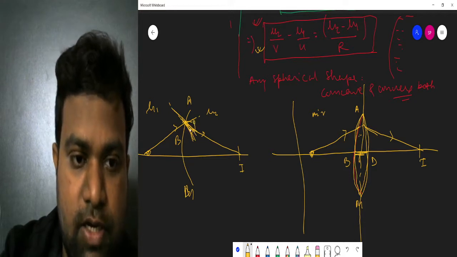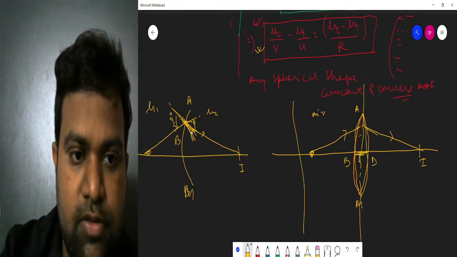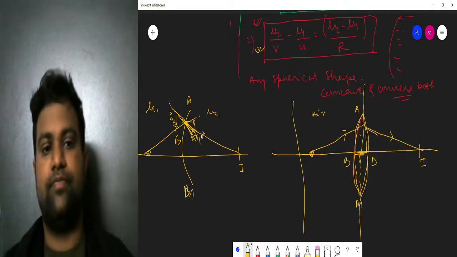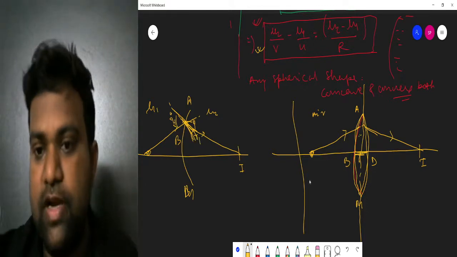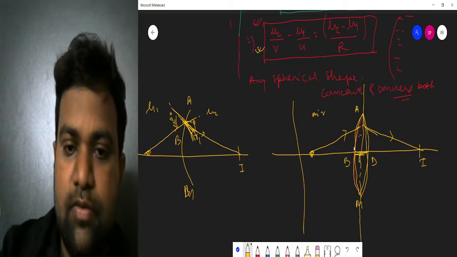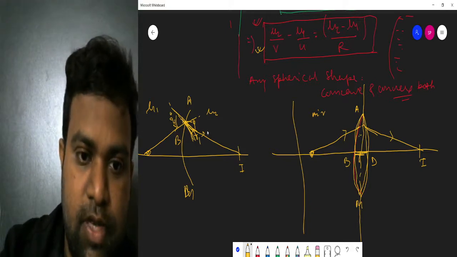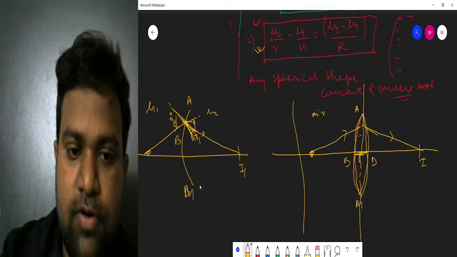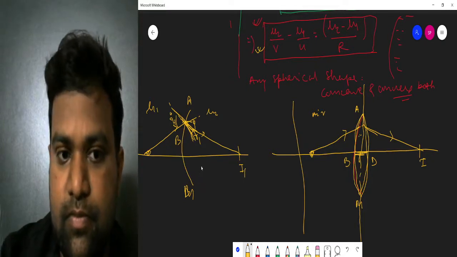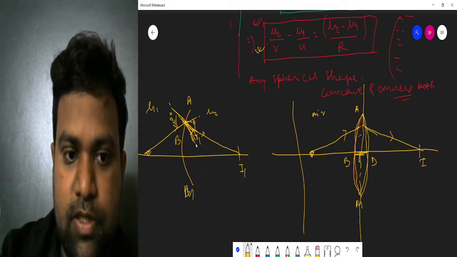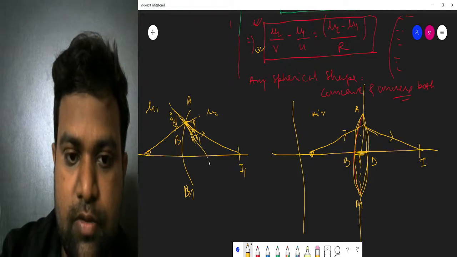And what is your R? This will be your I1, let's say this is your R1. So this is for the left surface. For the left surface, let's say the image formed is I1.